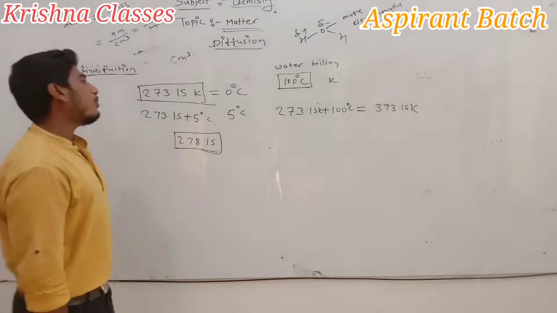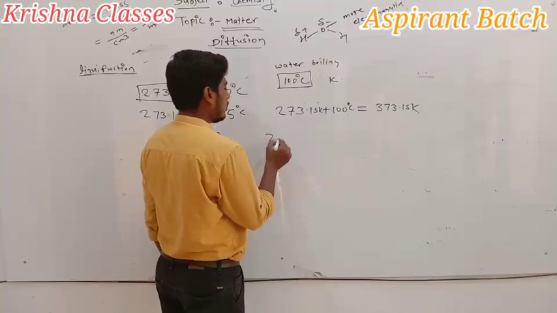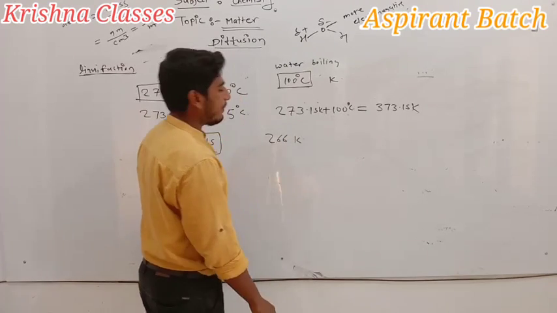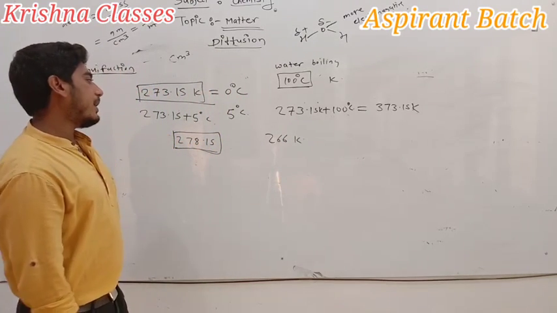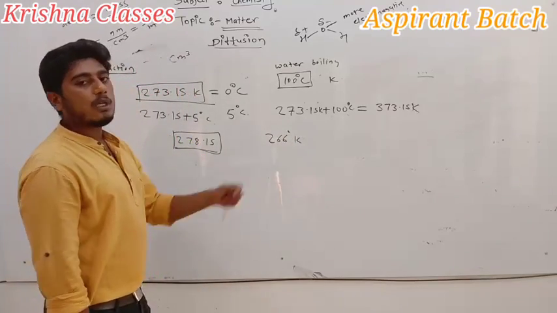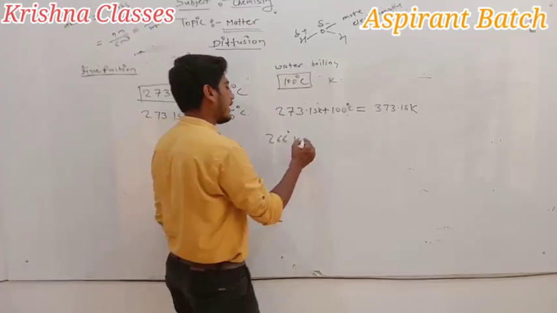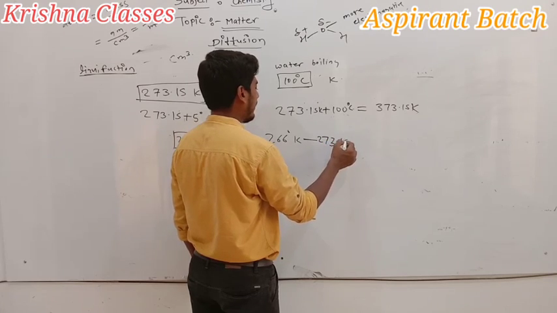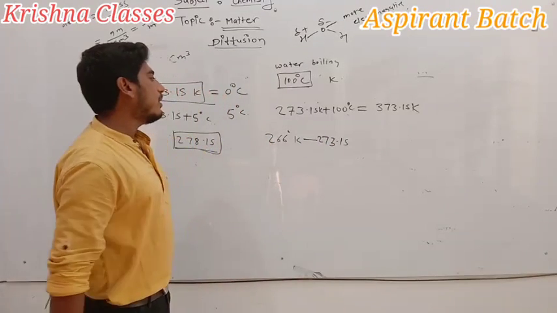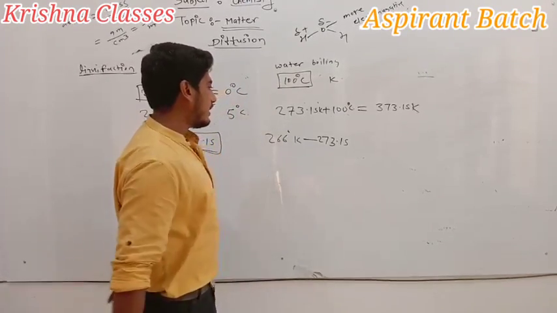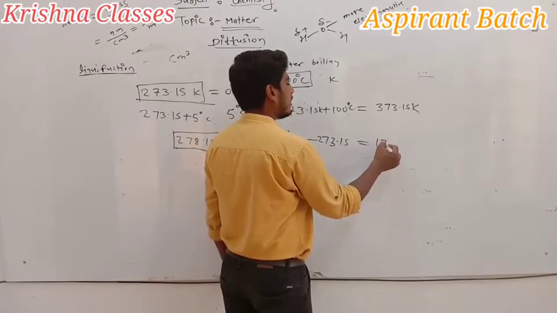Suppose we have a temperature of 266 Kelvin. Then we have to convert this into degrees Celsius, so we have to subtract 273.15.